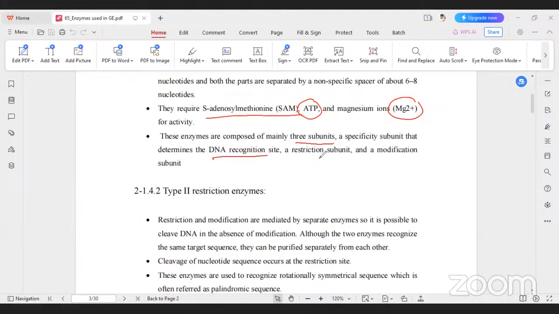The three subunits are HSDR, HSDM, HSDS.